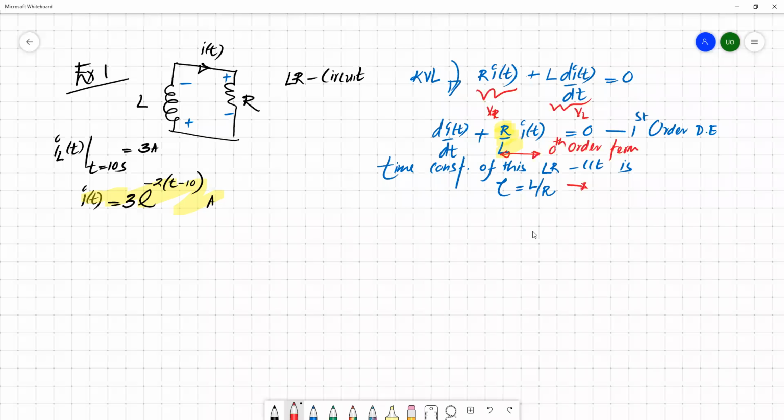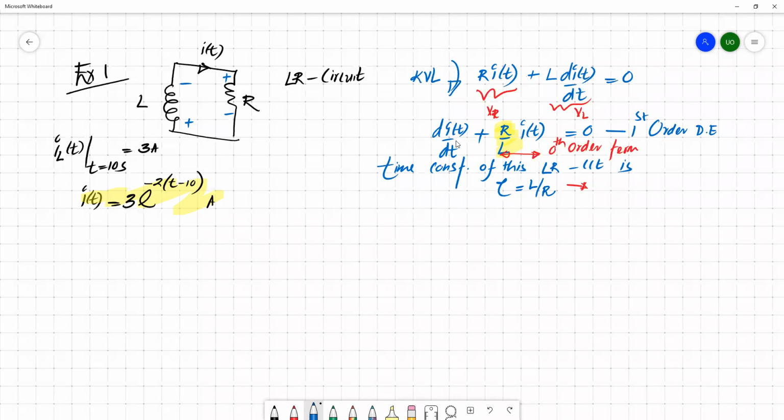So the coefficient is actually R over L. So in the previous case also, the coefficient would be 1 over RC, and the time constant of the RC circuit is actually the product of R and C. So similarly, you can extract the coefficient of the zeroth order term and take the reciprocal, so then it becomes L over R. If you know the inductance value and the resistance value, you can immediately evaluate the time constant of the LR circuit. So now it's done.